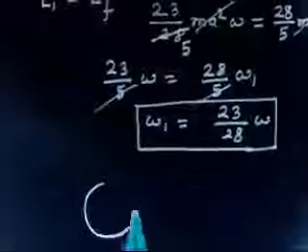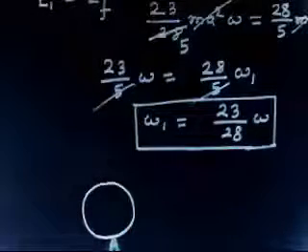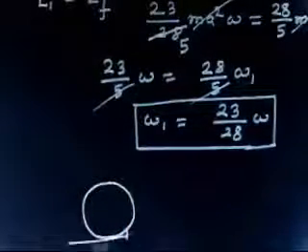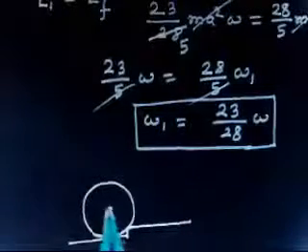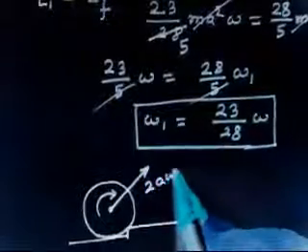So the situation is something like this. Initially it is here, rotating with angular velocity omega 1 and moving with linear velocity 2a omega 1.